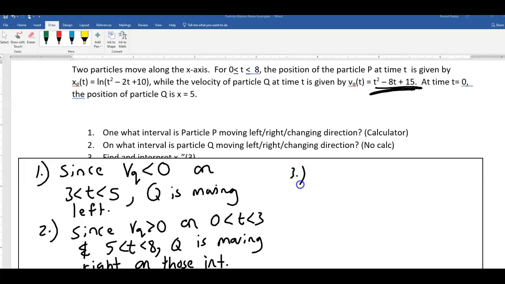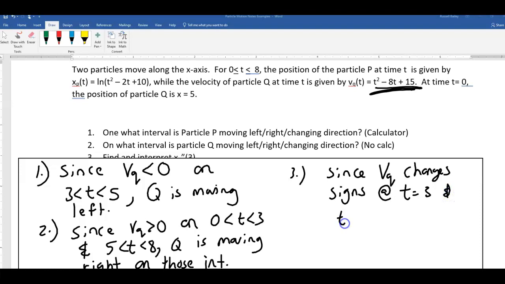We could say, since v sub q changes signs at t equals 3 and t equals 5, q changes direction at those points.